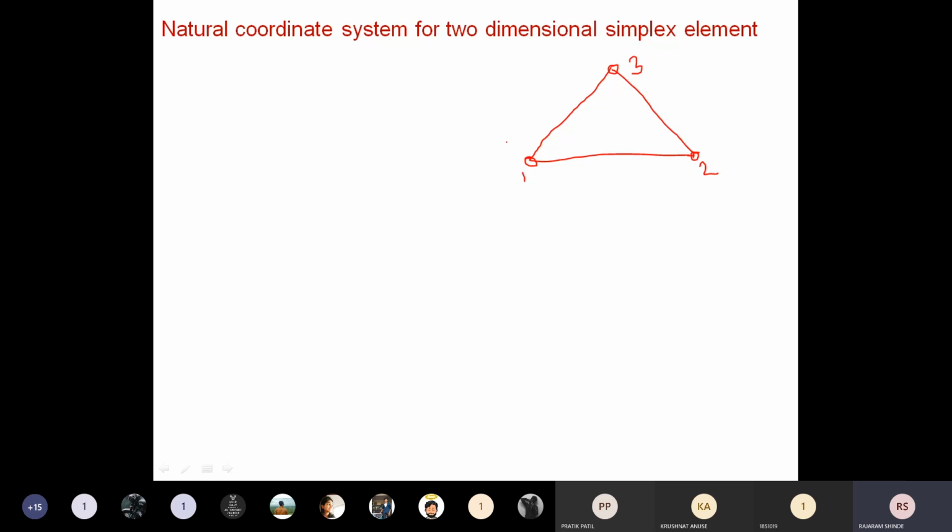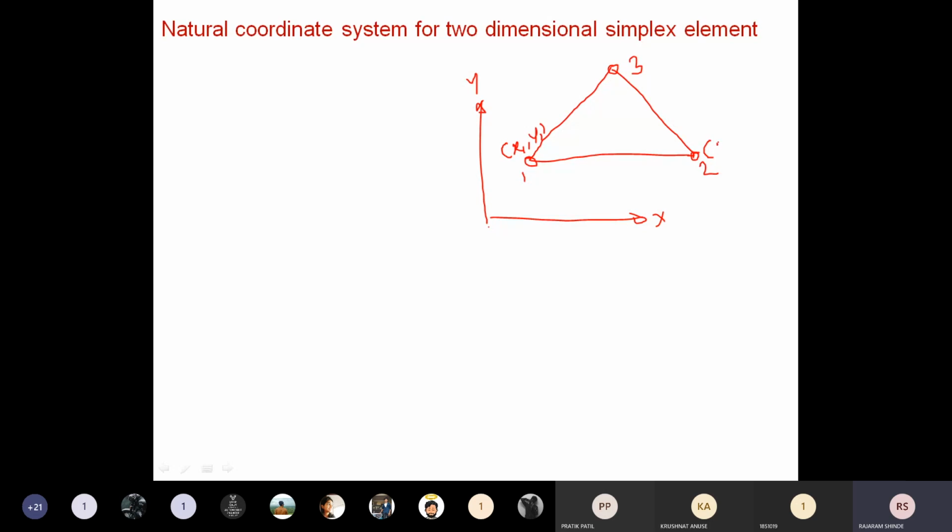Now, global coordinates in the xy coordinate system, if we consider this as the x-axis and this as the y-axis, in the xy coordinate system, coordinates of node number 1 are x1, y1.